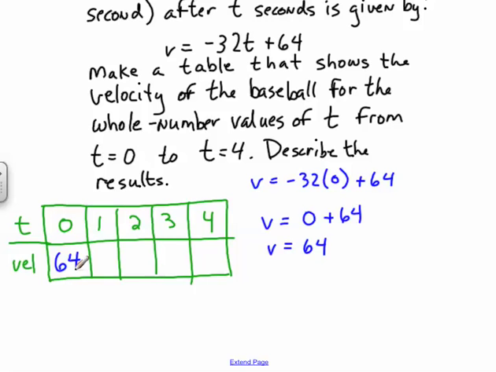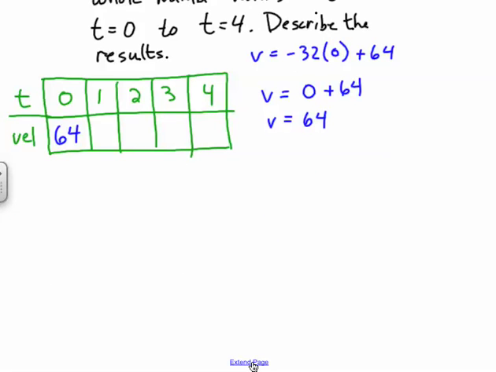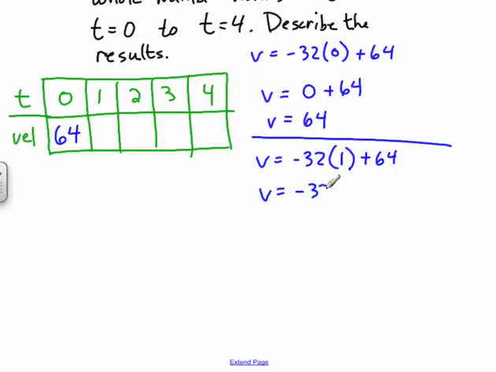Now let's scoot this down just a little bit, and I'm going to use the same formula again for the next one. V equals negative 32 times 1 plus 64. Alright, so now that's going to be negative 32 plus 64, and that's going to give us 32. So you can see the baseball slowing down as it goes up in the air. Gravity's acting on it, and it's slowing it down.